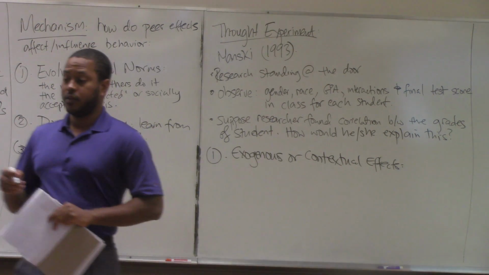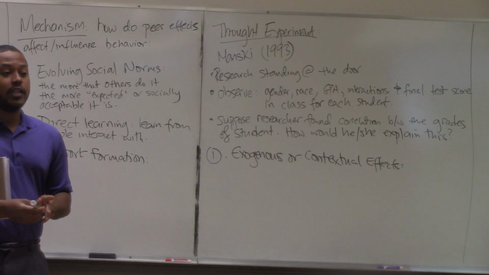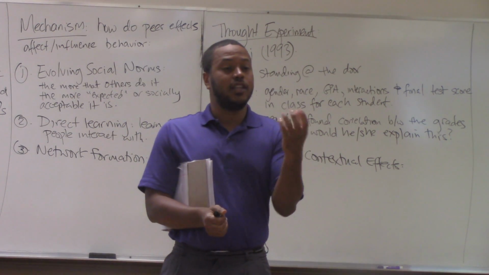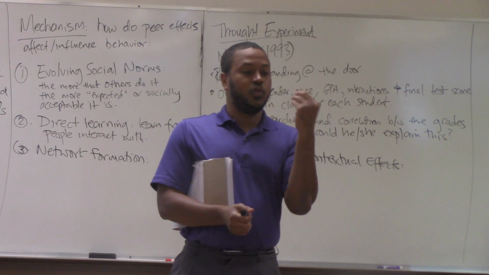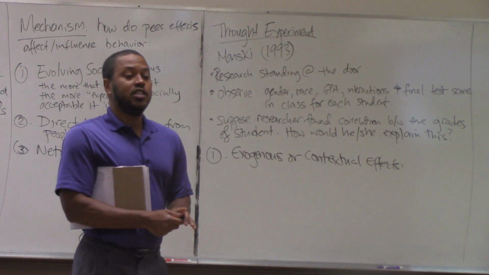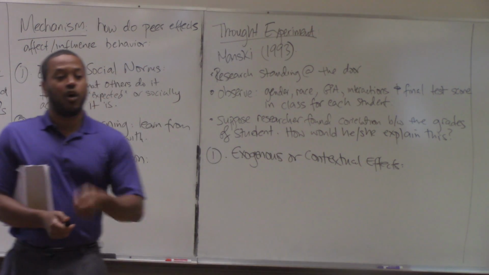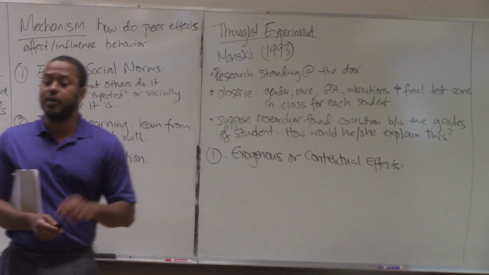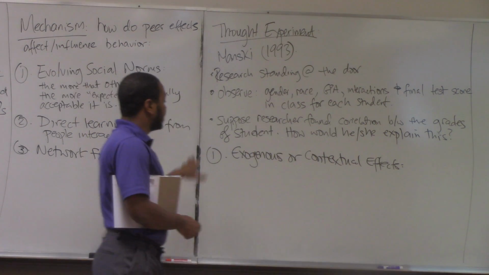Yeah, so that's the idea. So if we come into the room and we see that the people sitting close together tend to have a positive correlation between the grades, right? And so the question is, am I smarter because I'm sitting next to a smarter person? Am I less smart because I'm sitting next to a less smart person? So that's the idea here.